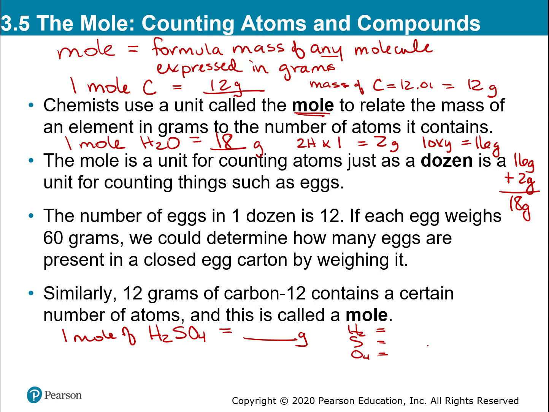Always, you get the mass. It's always the number with the decimal place. Round to a whole number. You don't have to keep the decimals. Just round them. It's always the bottom number.